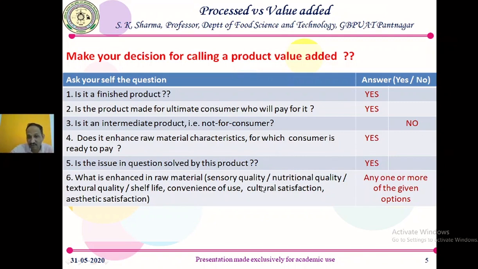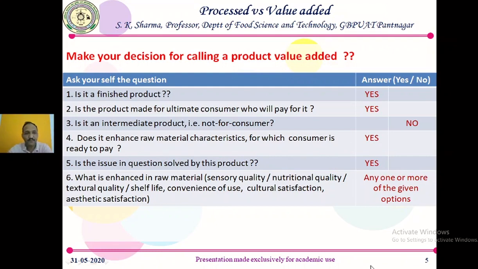Any one or more of these characteristics. If it has been enhanced in that product, then the product will be called a value added product. Your answer will be yes, this is the value added product. So this is what you should get in your answers.